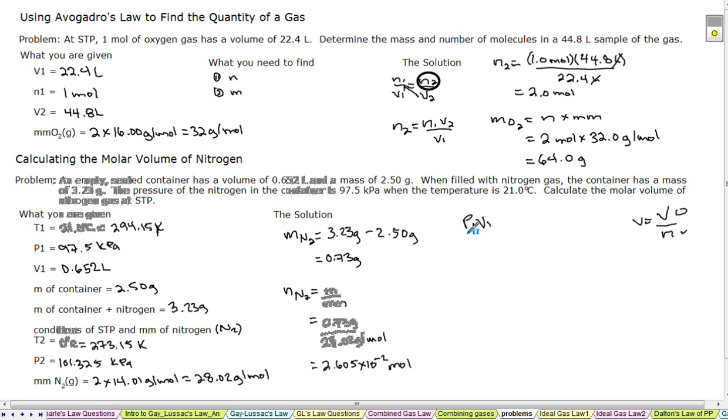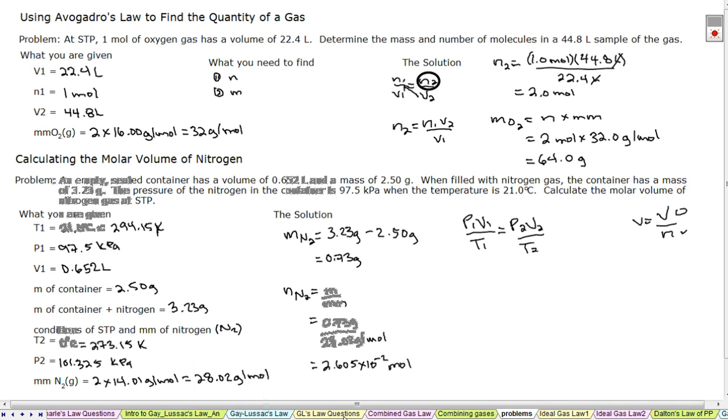P1 V1 over T1 is equal to P2 V2 over T2. Alright, so we know what the gas is like inside the container, but what would the molar volume be if it was at STP, regular standard temperature and pressure. So we need to solve for V2 here.